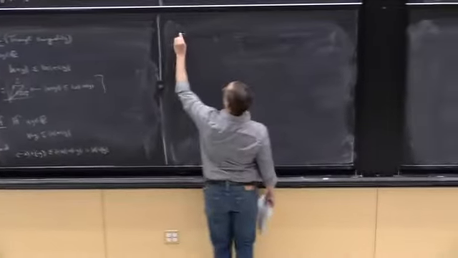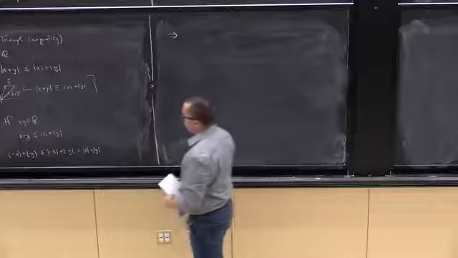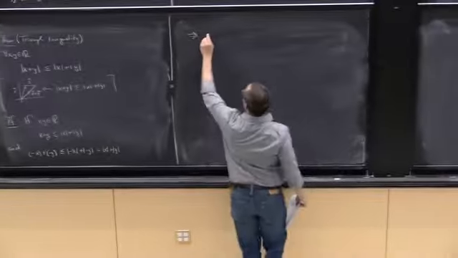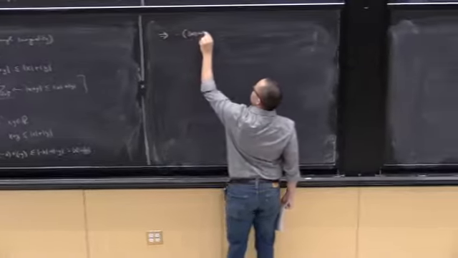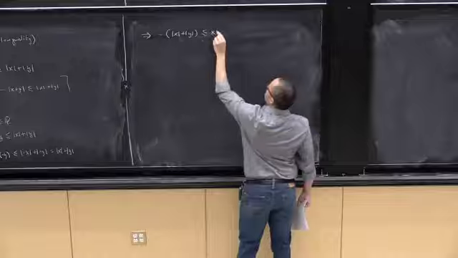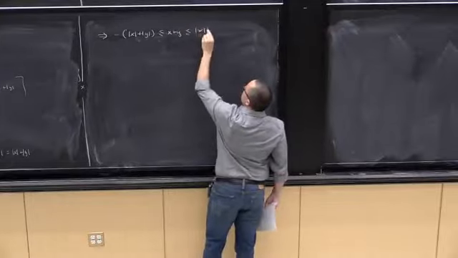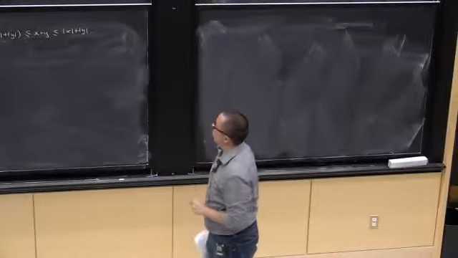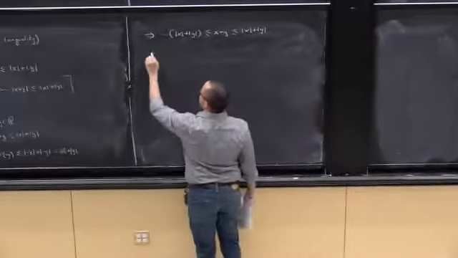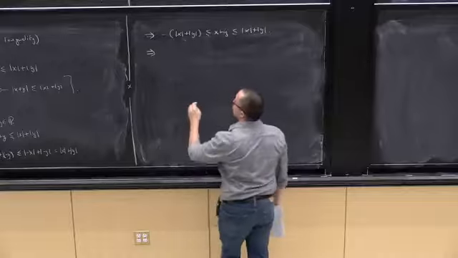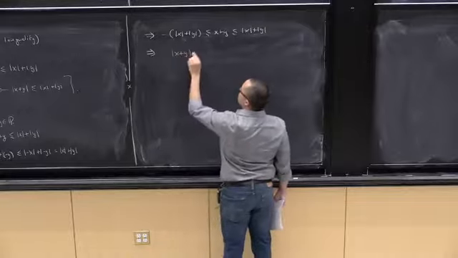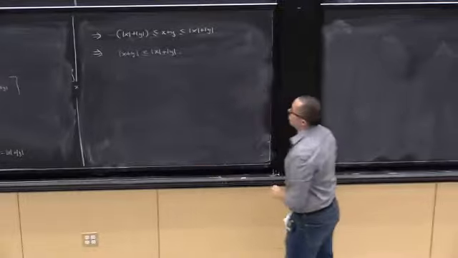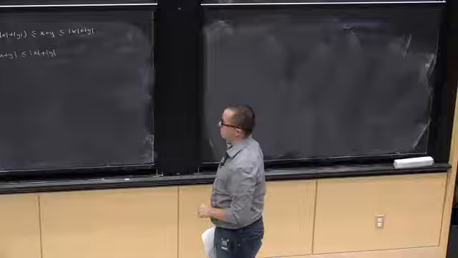And both of these, therefore, imply, if I just take this and multiply it through by minus 1, this inequality, which by number 5 in the properties that we proved for the absolute value, implies that the absolute value of x plus y is less than or equal to the absolute value of x plus the absolute value of y.